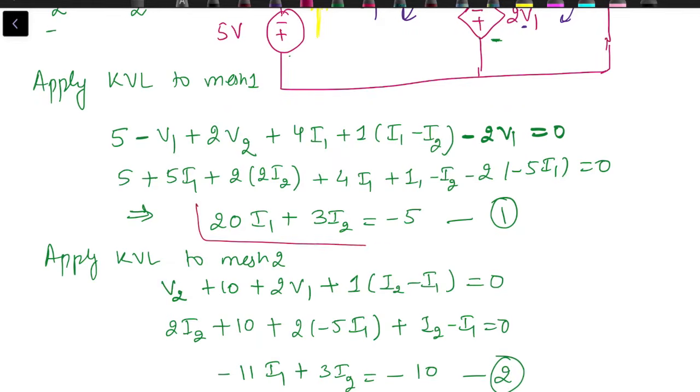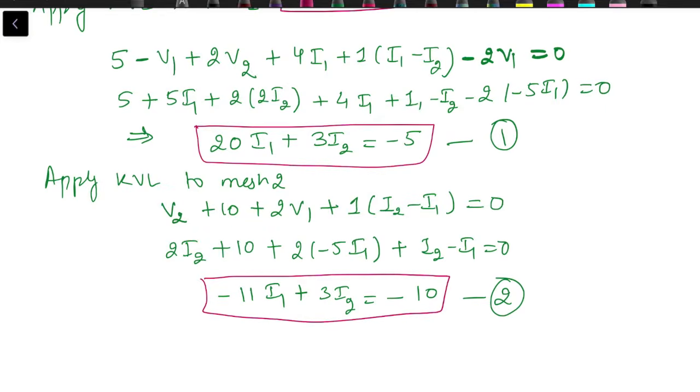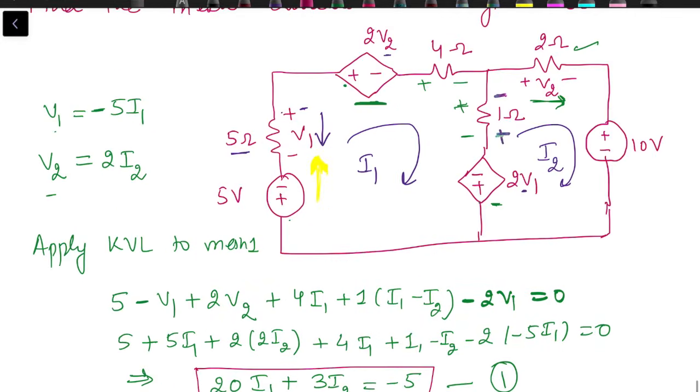So we have two equations, 1 and 2. When we solve these two equations simultaneously, we will get the answer of mesh currents I1 and I2. I1 is 0.161 ampere and I2 is minus 2.742 ampere. So when I2 is coming as minus 2.742, it means the assumed direction of mesh current is just opposite to its actual direction.